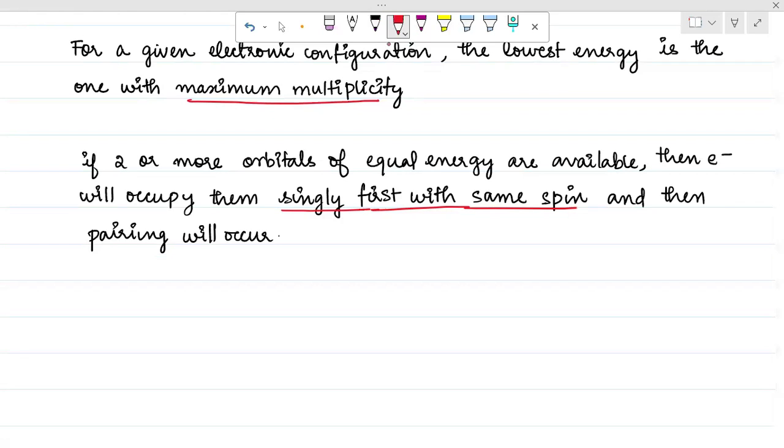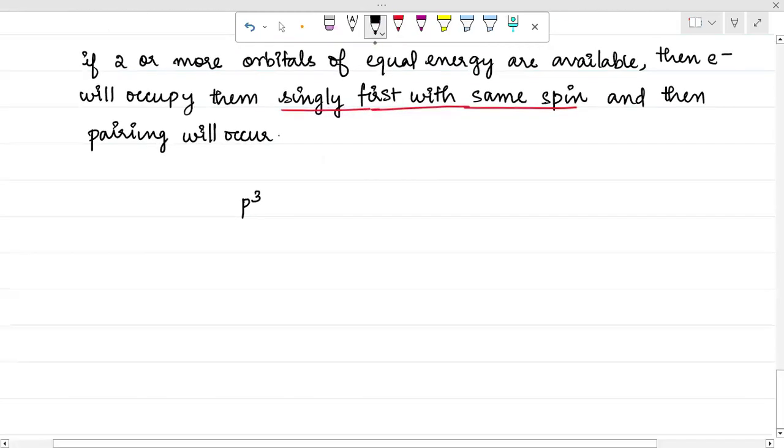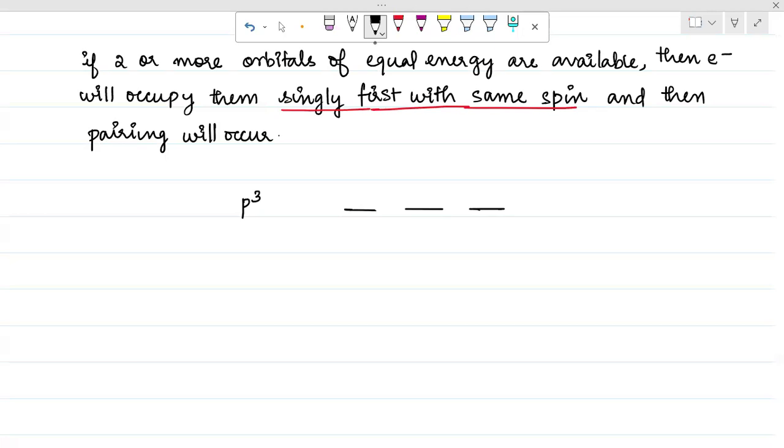So what does it say? Let's say that you have a configuration like P3. P3 is your configuration, 3 electrons, and we know that P has got 3 orbitals, Px, Py, Pz. Now, when you fill the electrons according to Hund's rule of maximum multiplicity, it always occupies singly first.